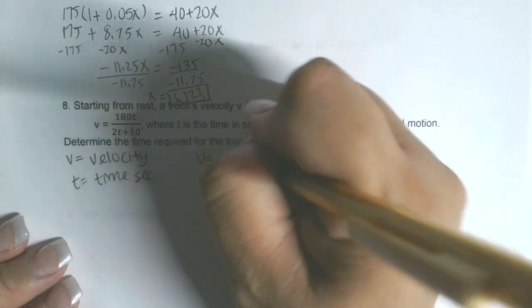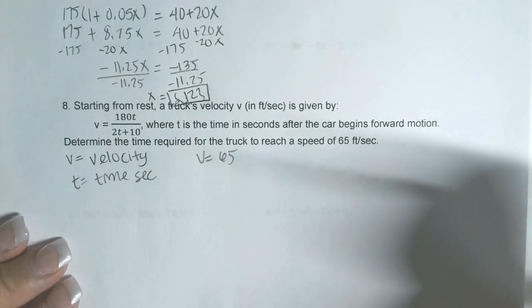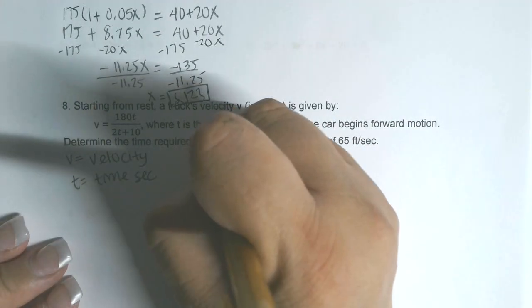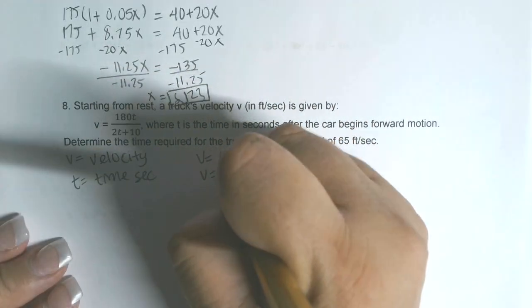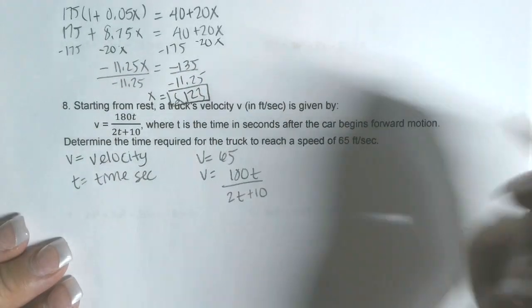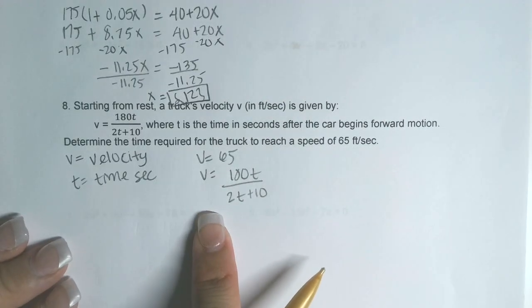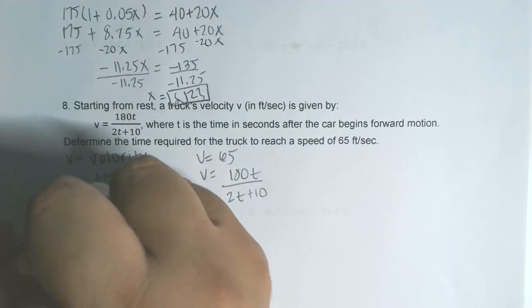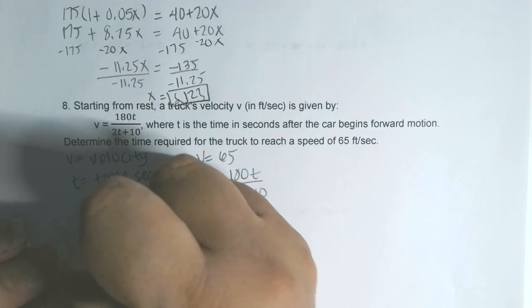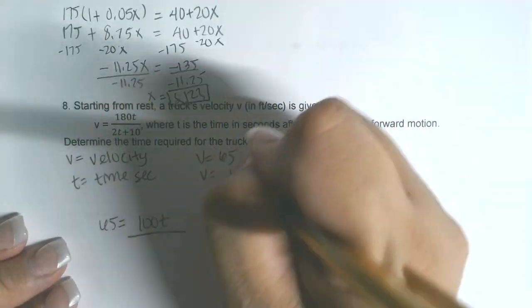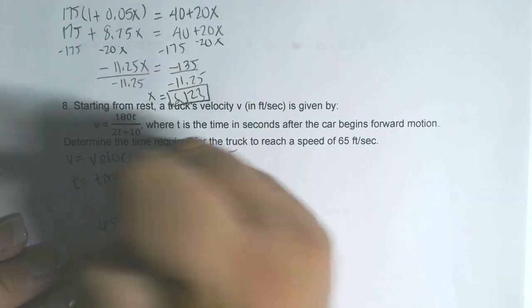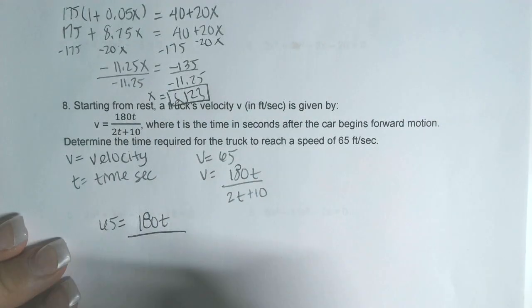So v equals 65, and v also equals 180t over 2t plus 10. This is just another proportion. So 65 equals 180t over 2t plus 10.